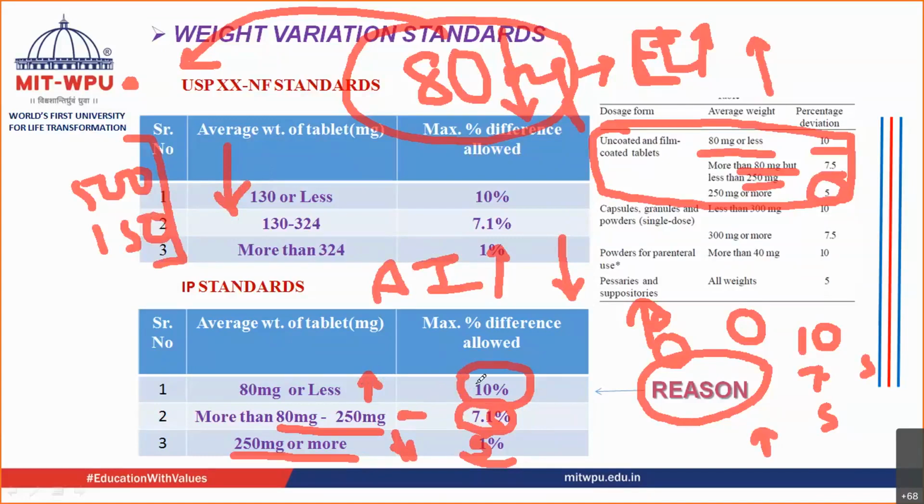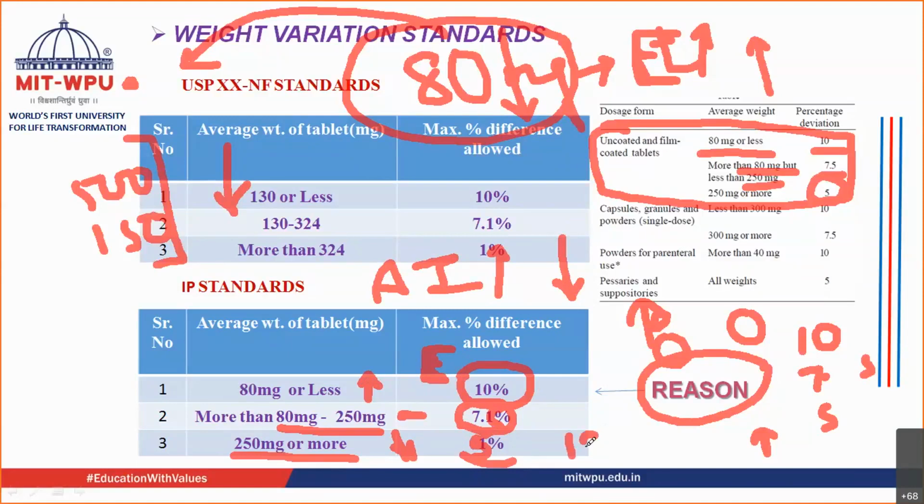So what you are trying to say is, if there is a variation of 10%, that variation may be because of the excipient variation. Are you understanding? Whereas when there is a variation of 5%, it is going to be the drug variation.